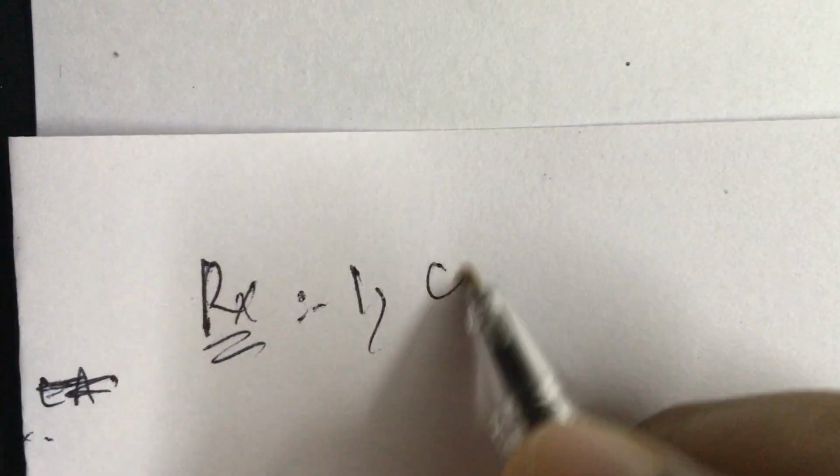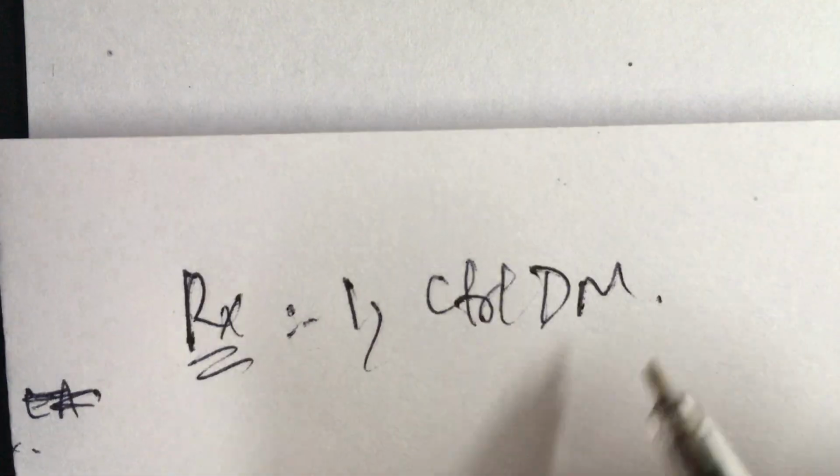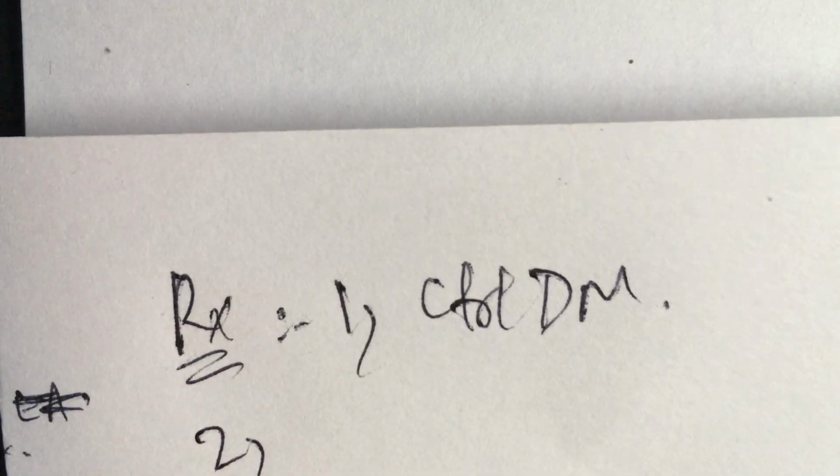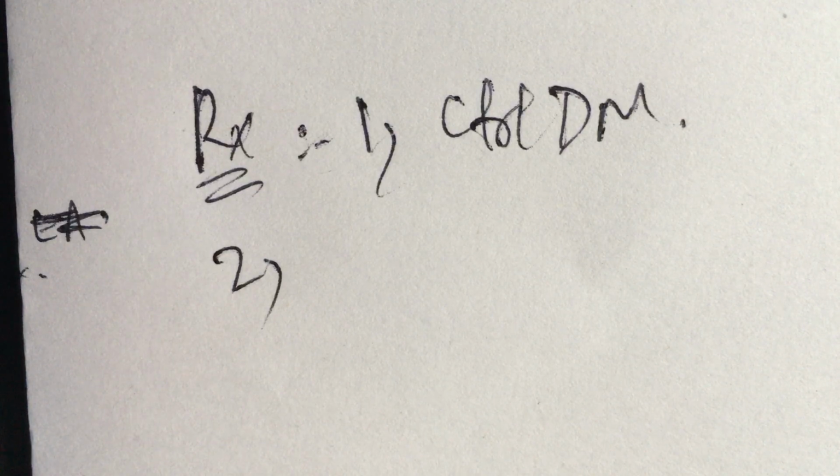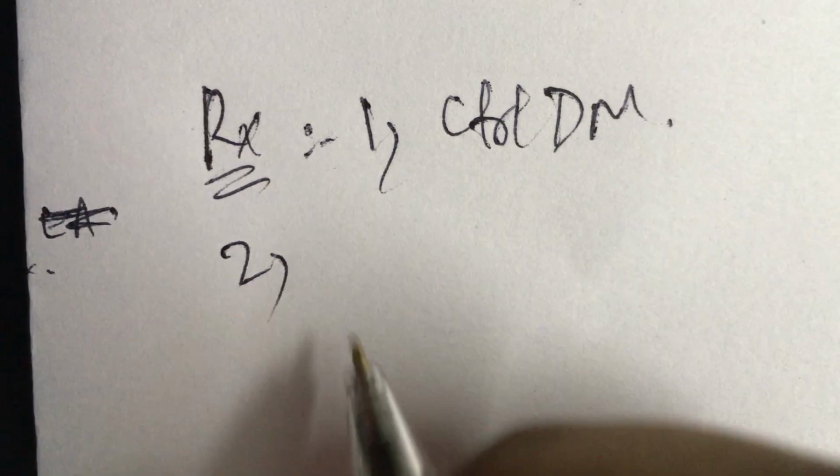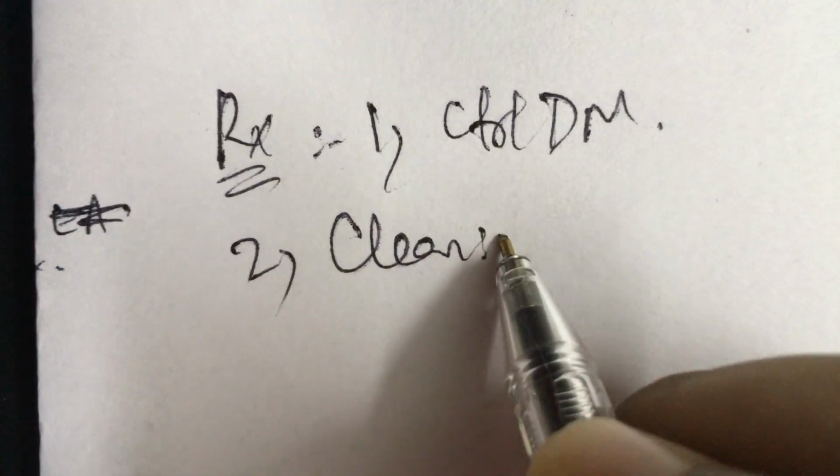So the treatment for all these problems will come in this way. The main thing for the treatment is that we are supposed to control diabetes, because diabetes is going to be the main cause why the person suffers a lot. So first, control diabetes. Second, clean the ear.